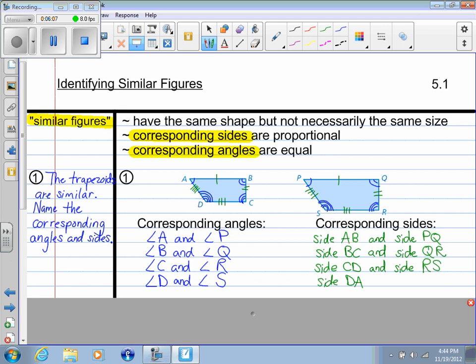And if I name it starting with D and then A, I have to name the corresponding side in the same direction. So that would be side SP. Remember, I could have flipped any of those around, but I would have to flip their corresponding side around also.